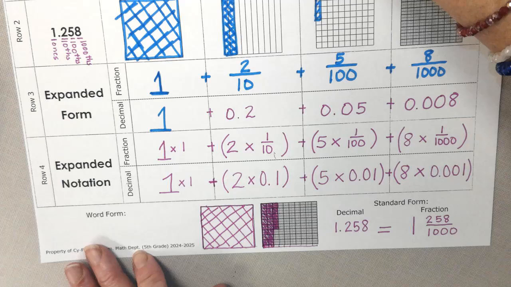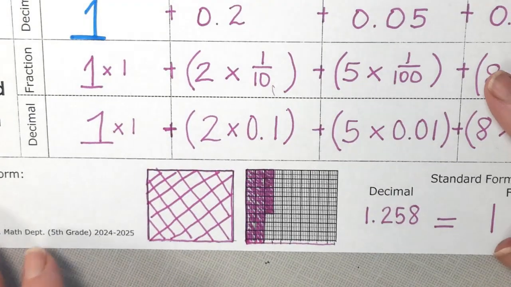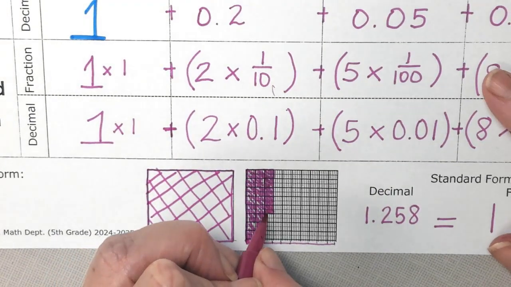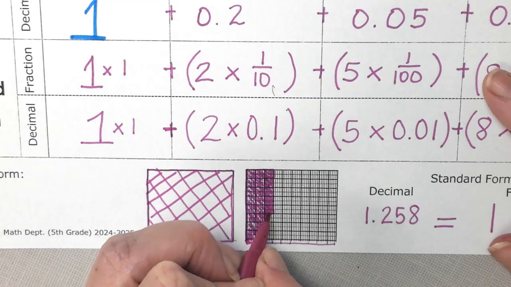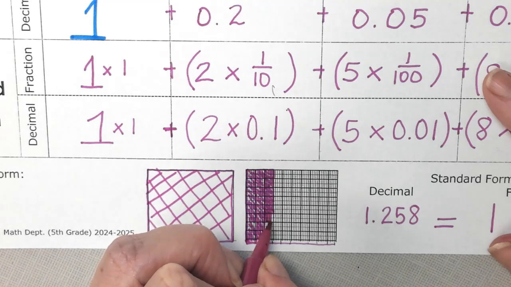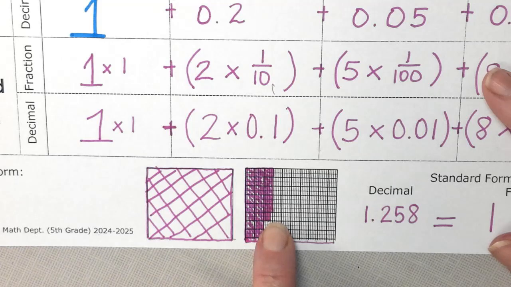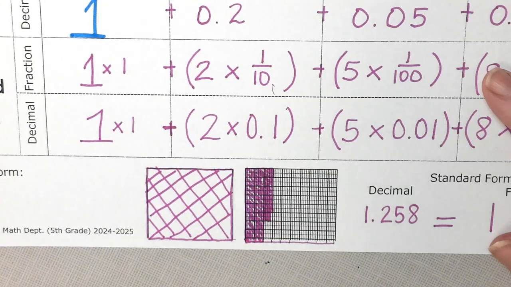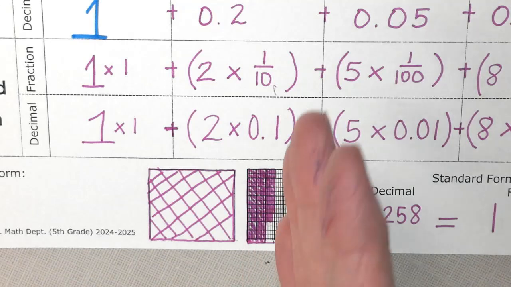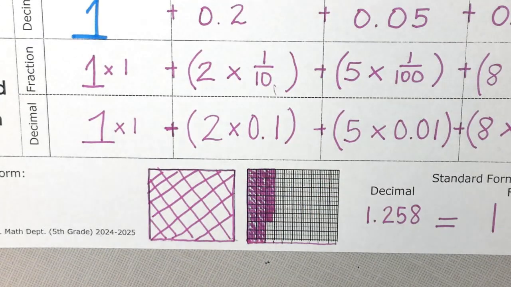So this is where we're going to have to be super careful, and we're going to only shade in 8. 2, 4, 6, 8. Leaving that tiny little sliver there, unshaded. So this is now layered on top of each other.